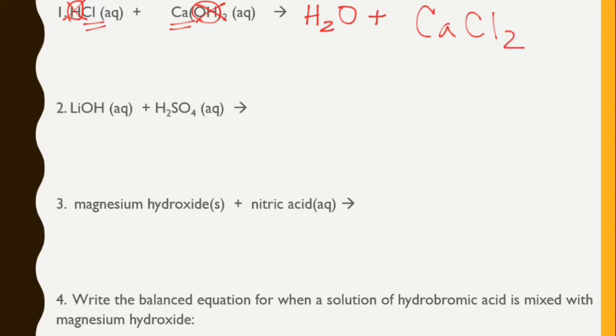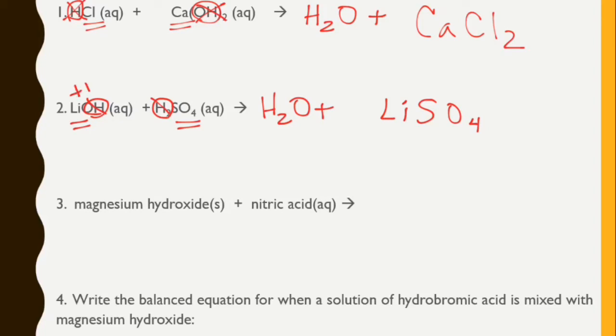Now our next one, lithium hydroxide and sulfuric acid, we take the H's and the OH's away, because we know those are going to make water. And then what's left over, lithium and sulfate. Lithium is first. If we check those charges, lithium's a +1, sulfate's a -2, so that sulfate's 2 is going to cross over onto lithium.